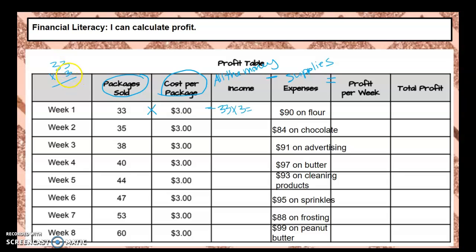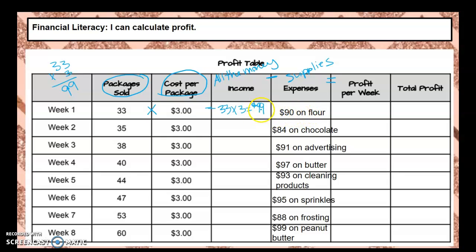Remember, you multiply your ones place times your ones place first, so 3 times 3 equals 9. Then you do your ones place times your tens place, so 3 times 3 again is 9. So the income was $99. That's how much they made in week 1. But then they had to buy $90 of flour to make their cookies, their expenses.